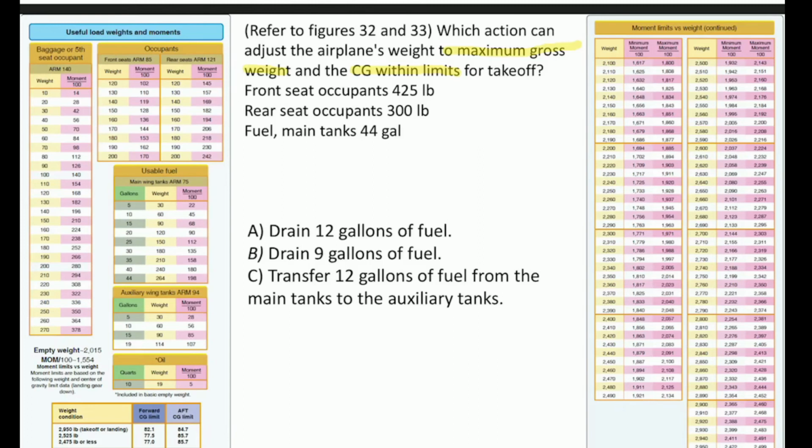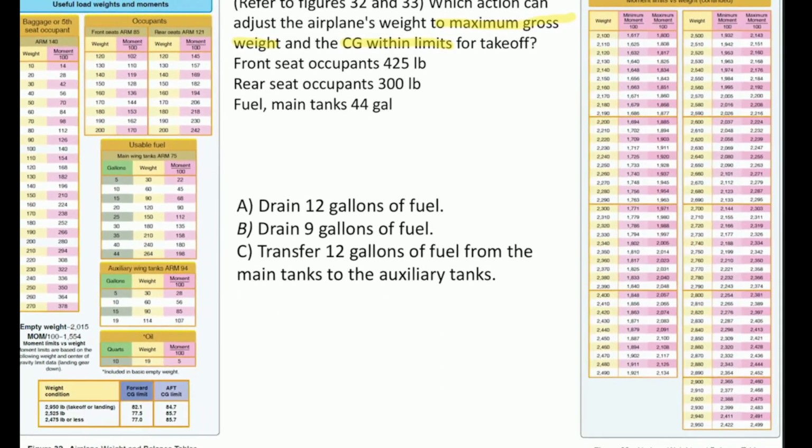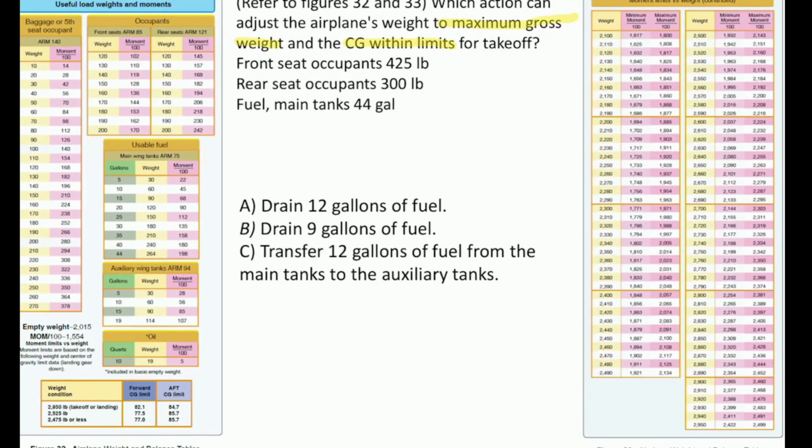So yeah, front seat occupants 425, rear seat occupants are 300. Main fuel tank is 44 gallons. Let's just set this up how we normally would before we start doing too much stuff, right? Weight, arm, moment. We know empty weight, 2015.